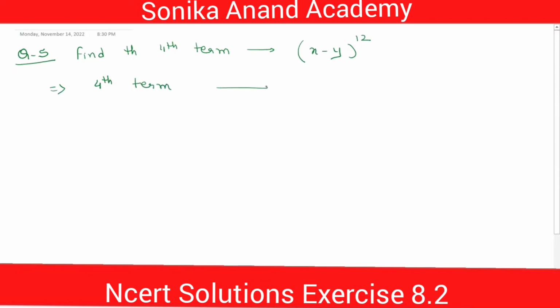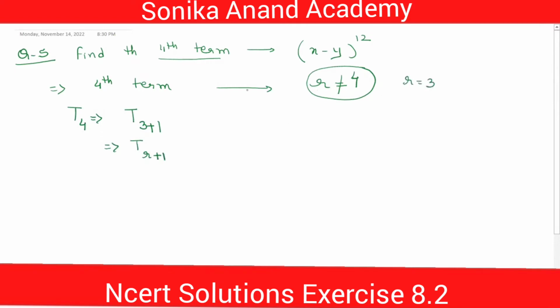It does not mean that r is equal to 4. When it is the fourth term, r is not equal to 4. We write like this: fourth term is equal to t(3 plus 1). So when we compare, it becomes r plus 1, so the value of r becomes 3.